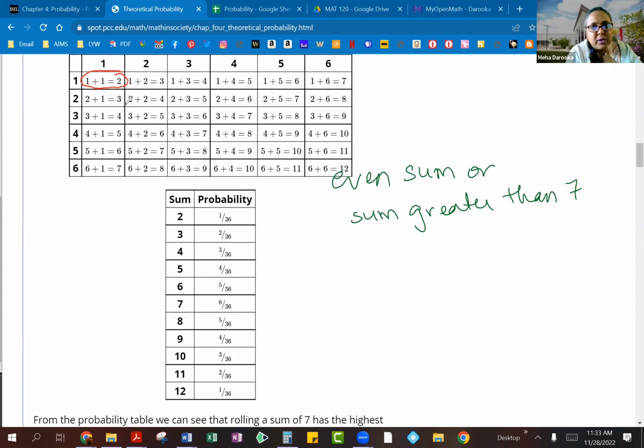So that should be a total of 2, of course your 4s, your 6s, the 8s, and then of course the 10 and the 12. So this is where all of these sums, your totals, were even numbers, right? So those would be all of these events over here.